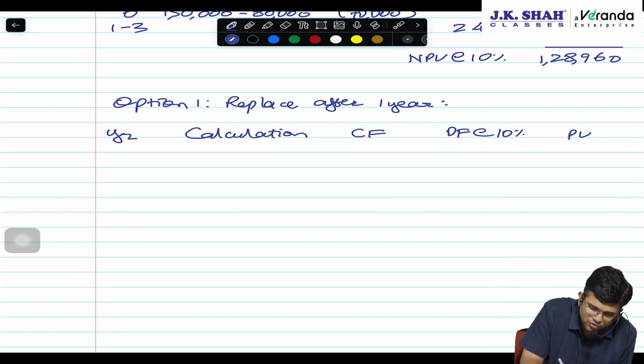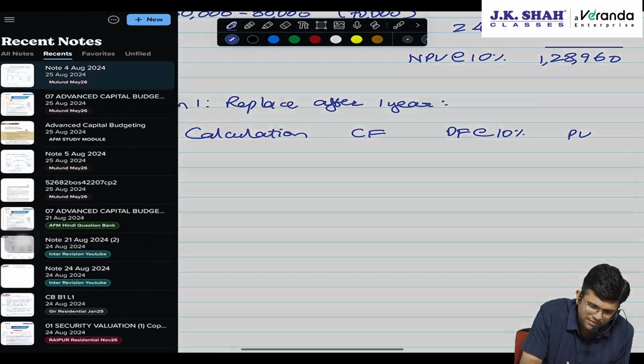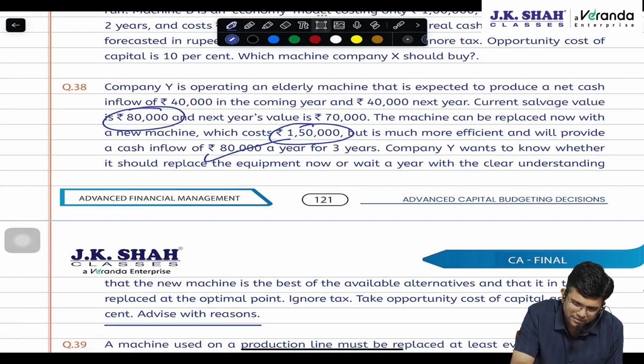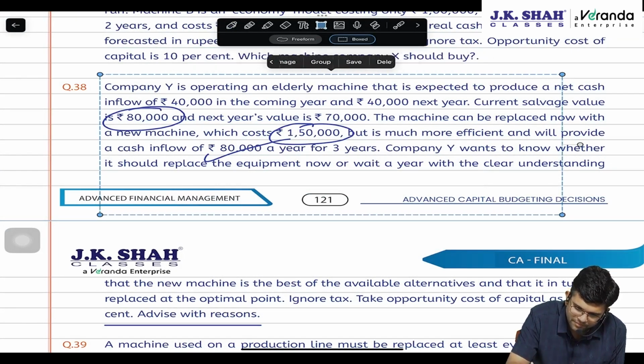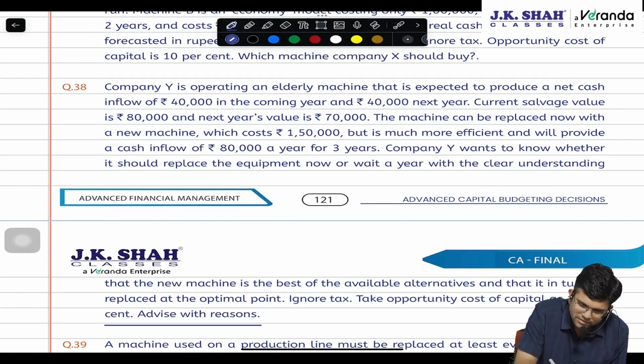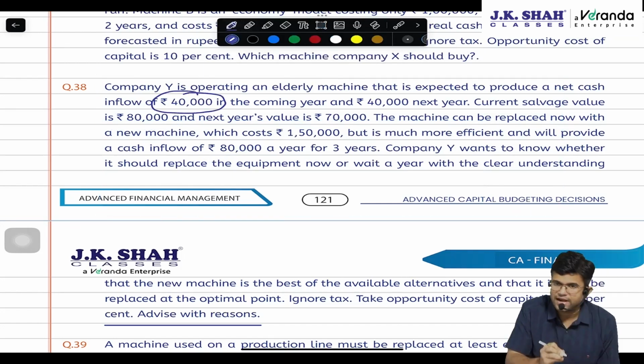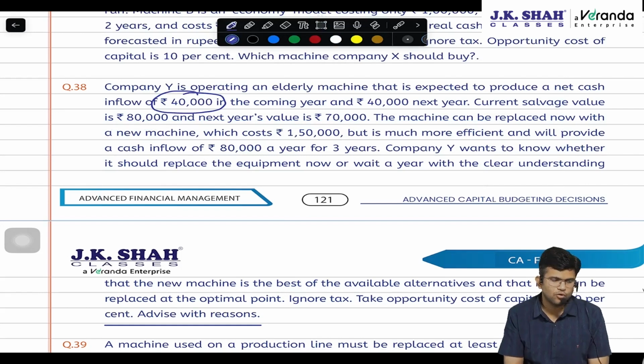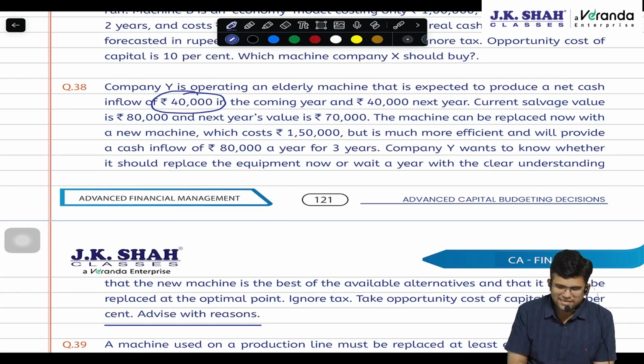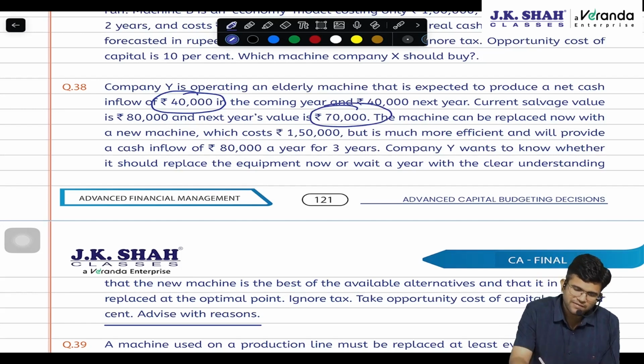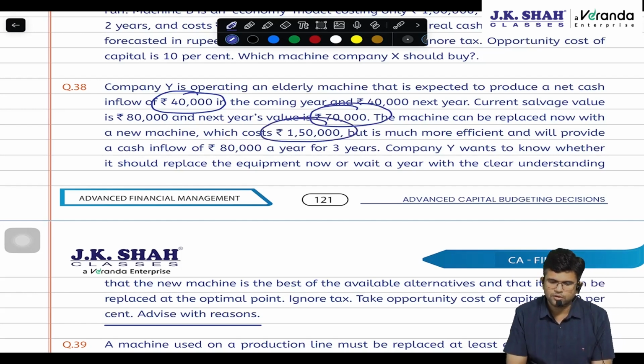I'll straight away go to year 1. Now listen carefully. In year 1, do you realize I will get the 40,000 that the old machine has to offer? I will get that 40. Then I will sell that old machine. I will get 70. And then I will buy the new machine which will cost me 150.